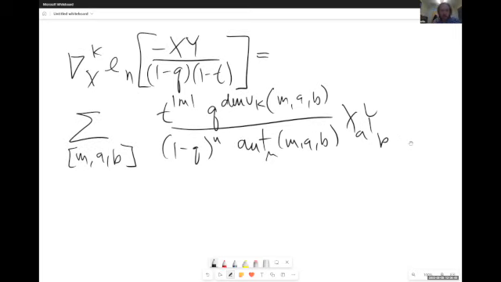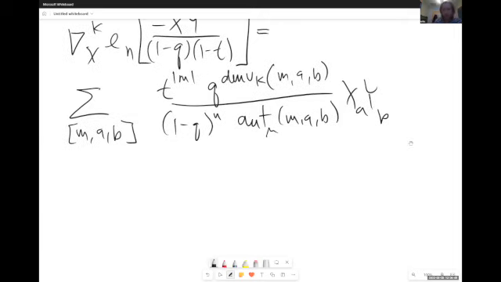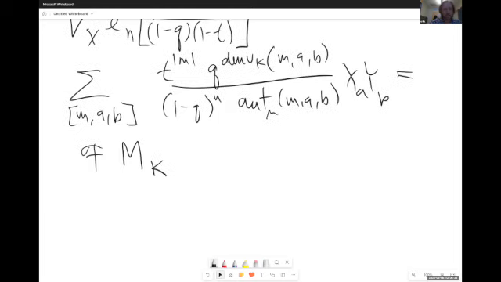And so where I finished last time is I was explaining how to interpret this thing as the Frobenius character of a certain module. Call this M_k. And just for simplicity, I'm just using k equals 1 to illustrate.